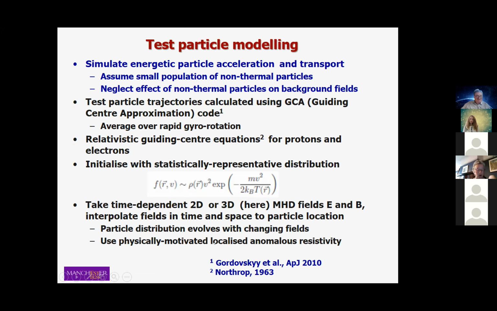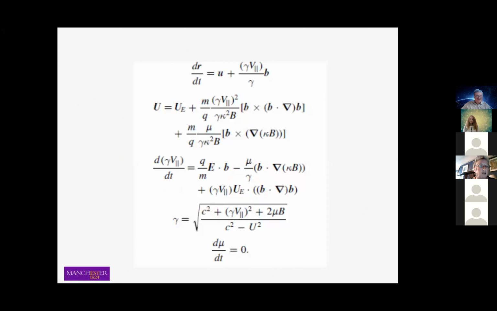So that means our particle distribution is evolving as the E and B evolve, so we can see how the particle distribution evolves. And unlike quite a lot of other work, we use a physically motivated localized anomalous resistivity based on the current, but also on the condition of ion acoustic turbulence generating resistivity.